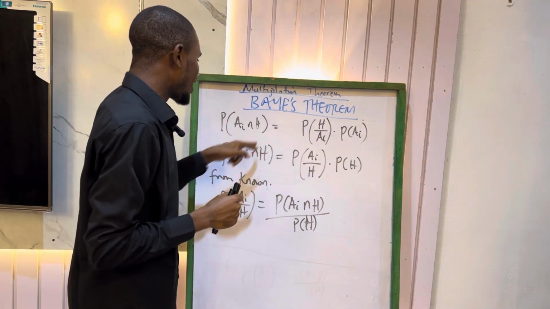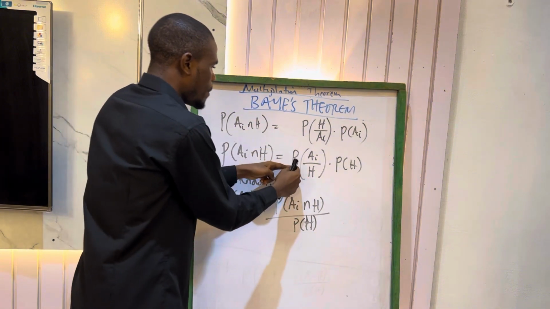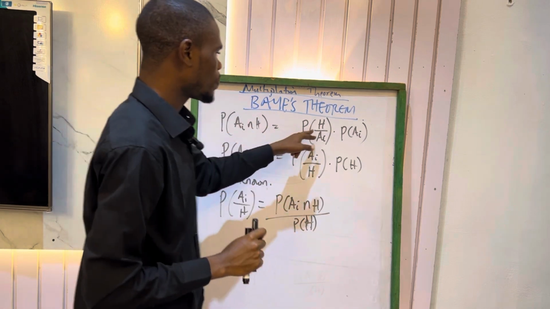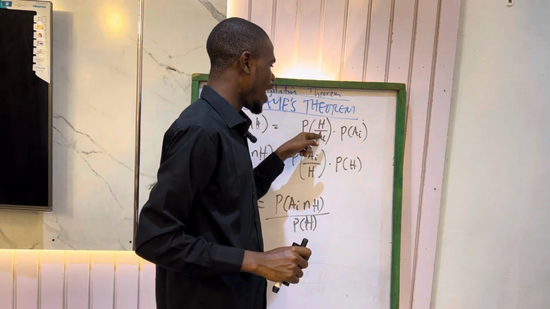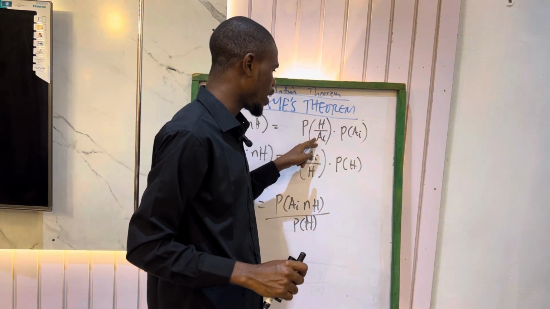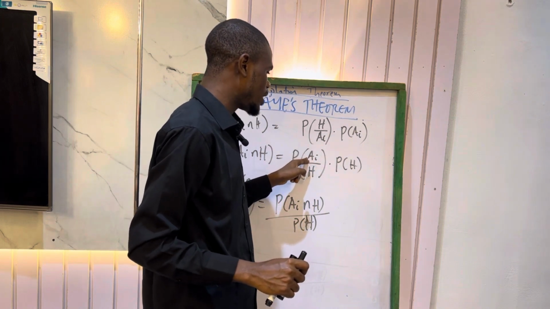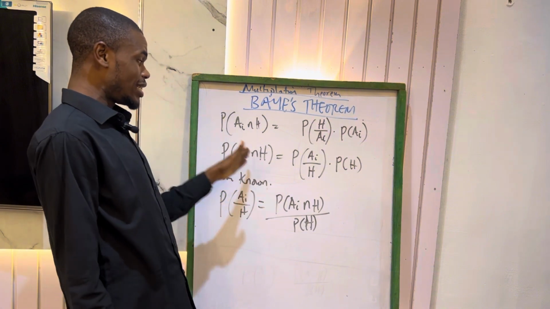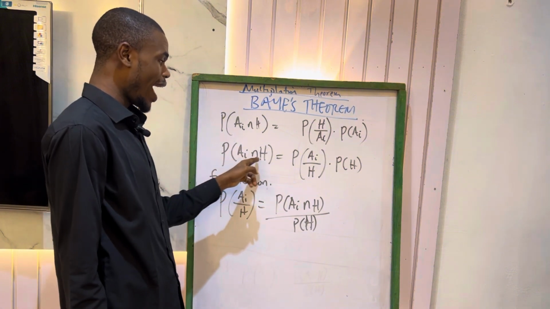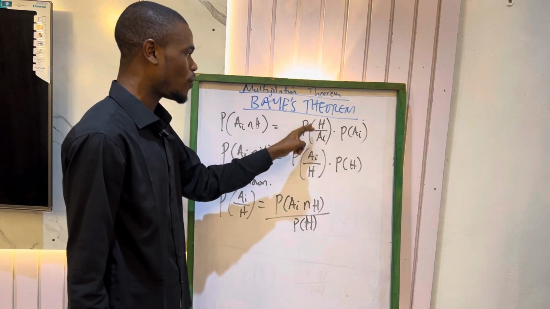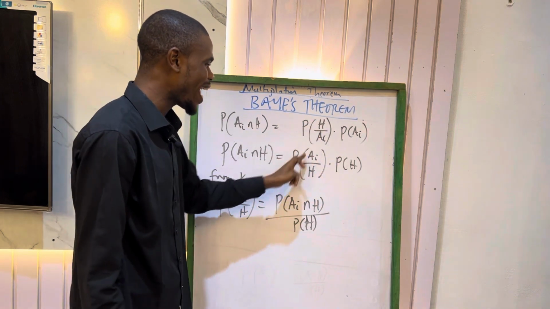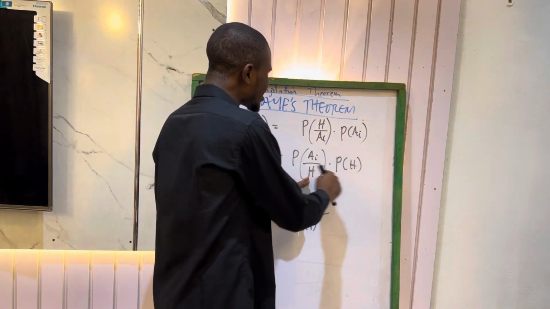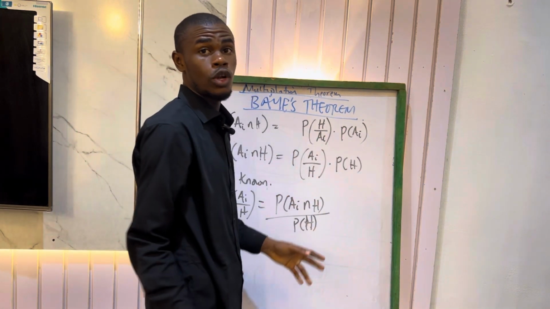So P(Ai ∩ H) can also be written as P(Ai | H). For H over Ai, H is dependent on the occurrence of Ai. In this case, Ai is dependent on the occurrence of H. It's still the same joint probability of Ai and H. You can either pick H over Ai or Ai over H. Whichever one you pick, note that whatever comes next must be the probability of the one at the denominator.